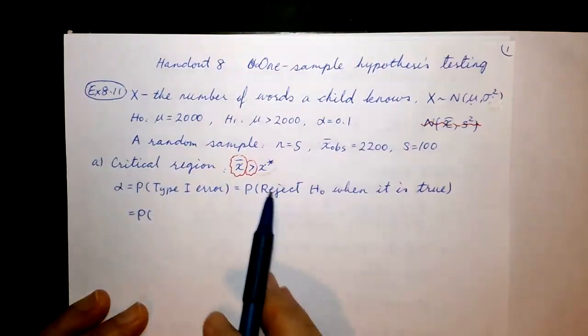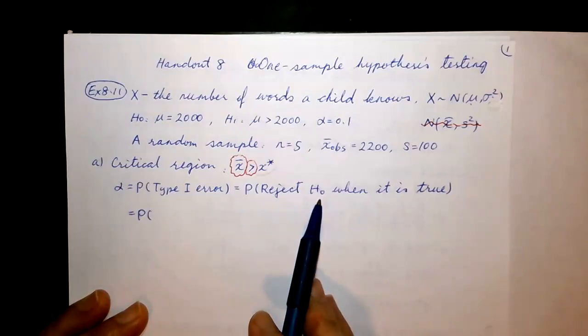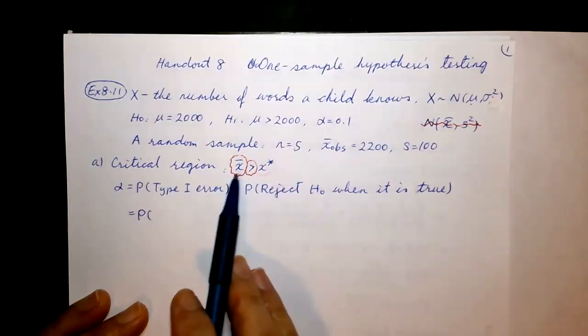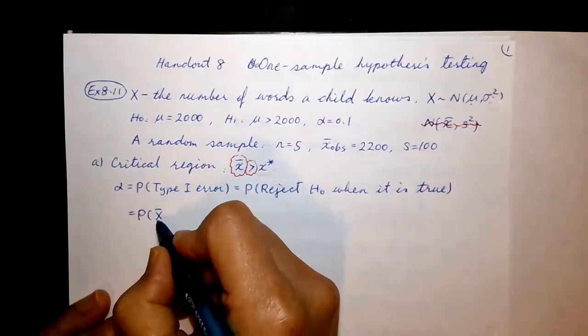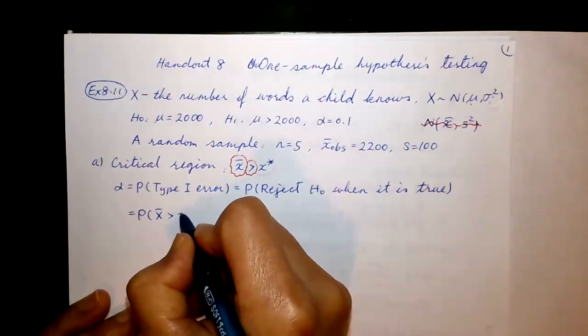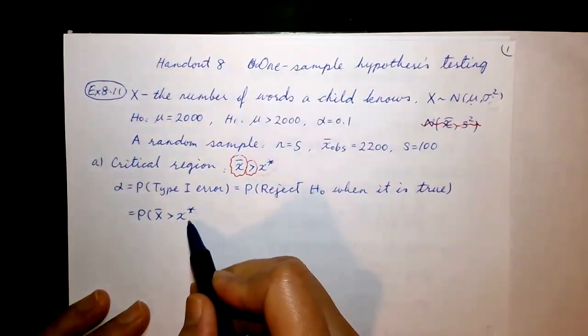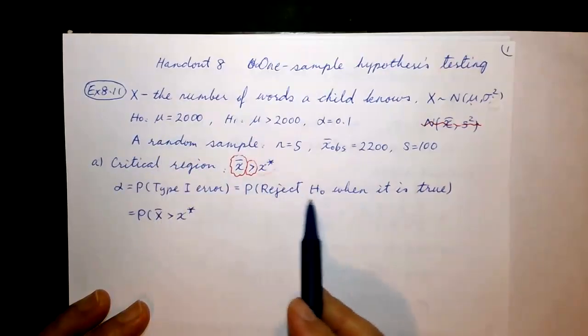For this method, critical region, a bad sample would make you reject H naught. What kind of sample is bad? As I've argued in here, if the sample mean is too big, is bigger than a certain number, then I would accept H1, reject H naught.